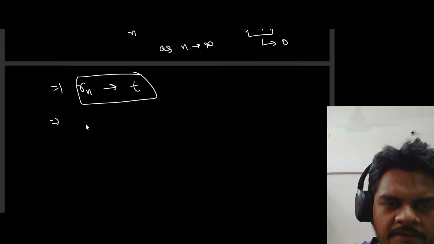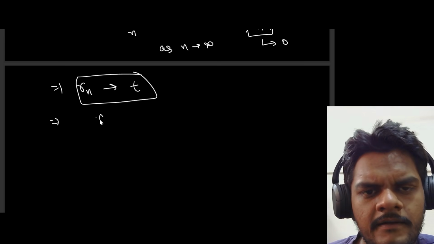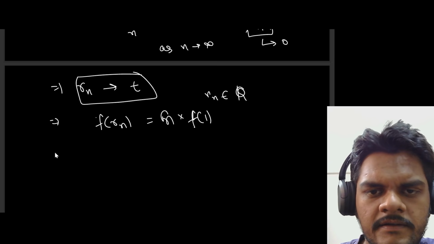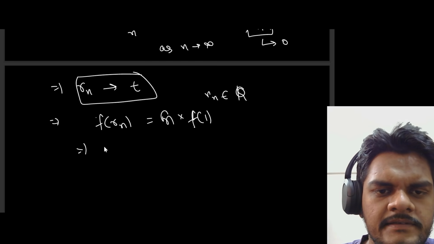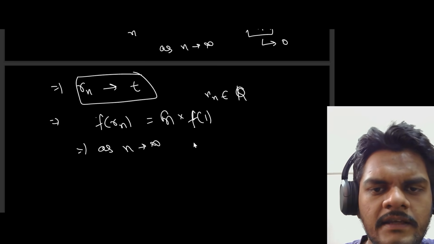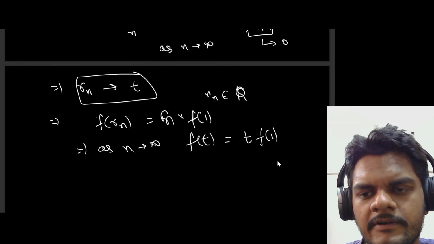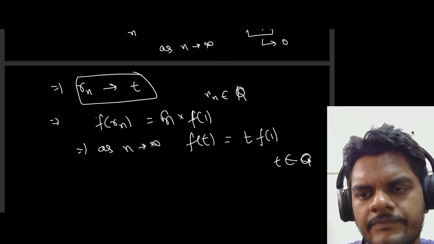So that will imply for each Rn, since Rn belongs to rational numbers, I can write it as Rn into f of 1. So it will imply as n goes to infinity, f of t will also be equal to t times f of 1, for t belongs to irrational numbers.